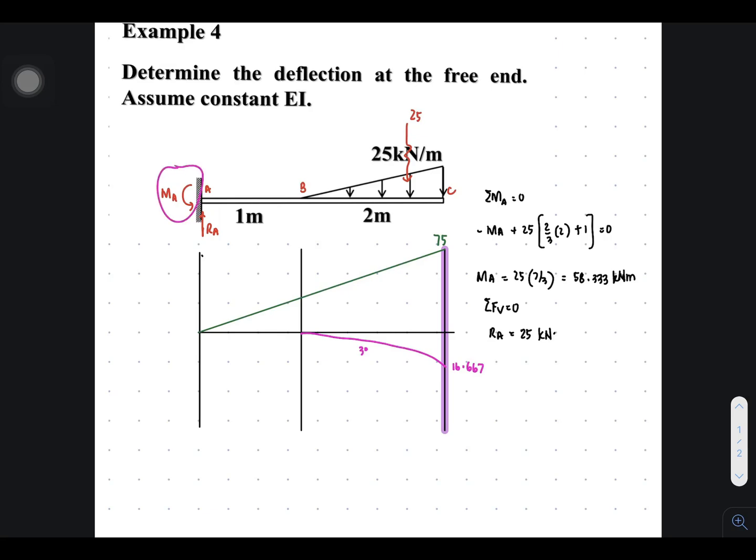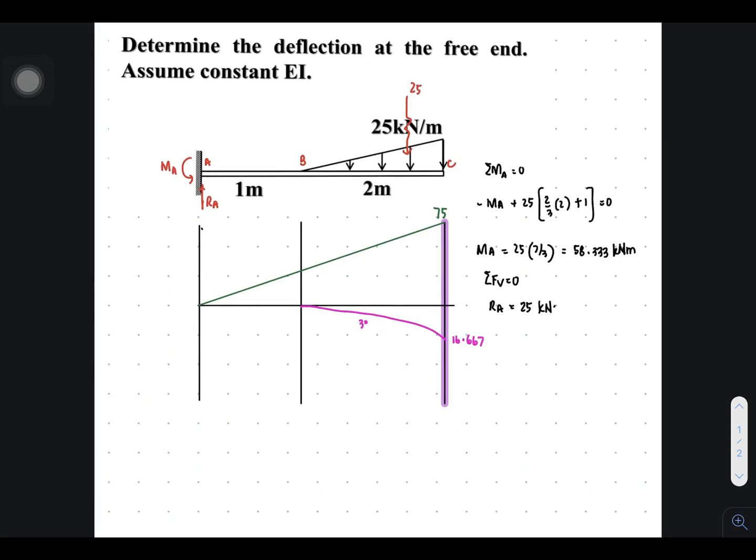And do not forget, for MA, rotation is clockwise. So how do you know if it is positive, I mean counterclockwise? How do you know if it is a positive moment? So all we have to do is try to fix this point C, and then rotate it. The effect would be downward. So it's a negative moment.